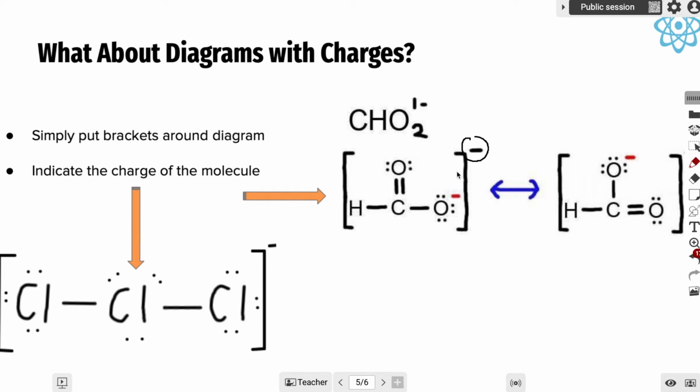And then this guy happens to have a resonance structure, lucky for us. So this CHO molecule has a resonance structure, and the same thing we do there is, of course, we draw the brackets around it, and the -1 charge will go to the top right-hand side as well. Again, with the resonance structures, we draw that, and then, of course, if a molecule has a charge, we just write that on the top right-hand corner of the bracket.